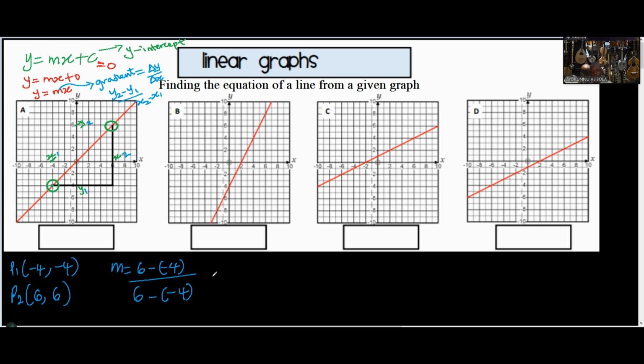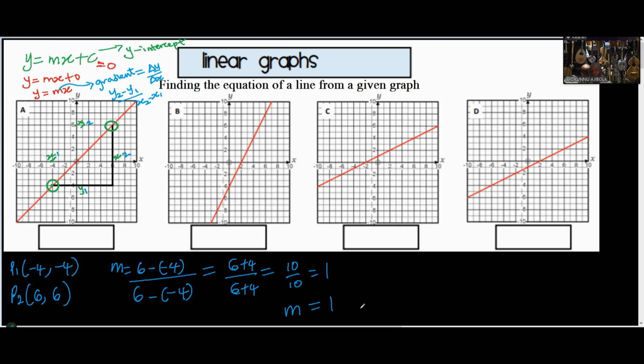Is that clear? Then we have 6 plus 4 over 6 plus 4. Why did it change to plus? Because minus times minus is positive. So this will be 10 over 10, which is 1. So our gradient equals 1.